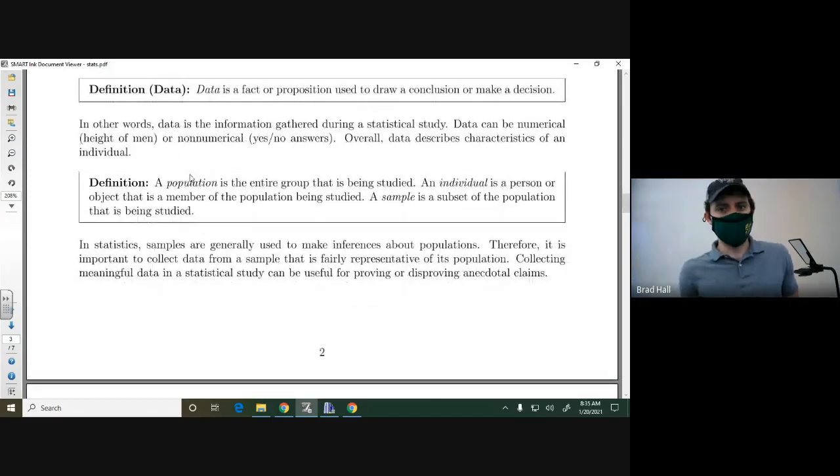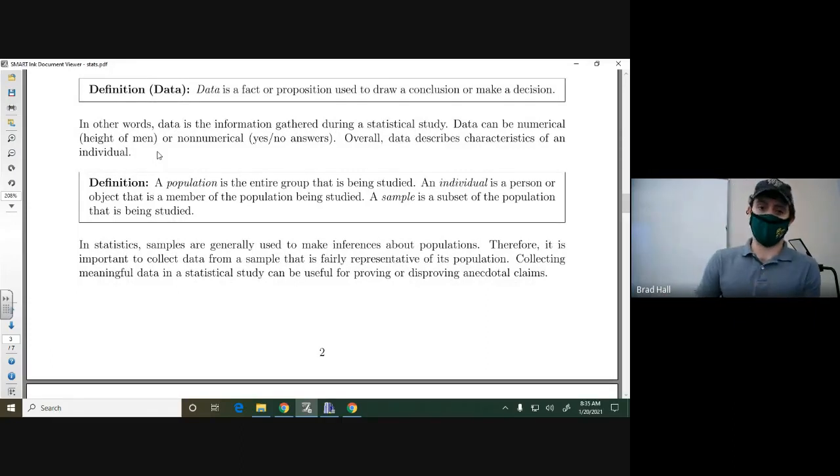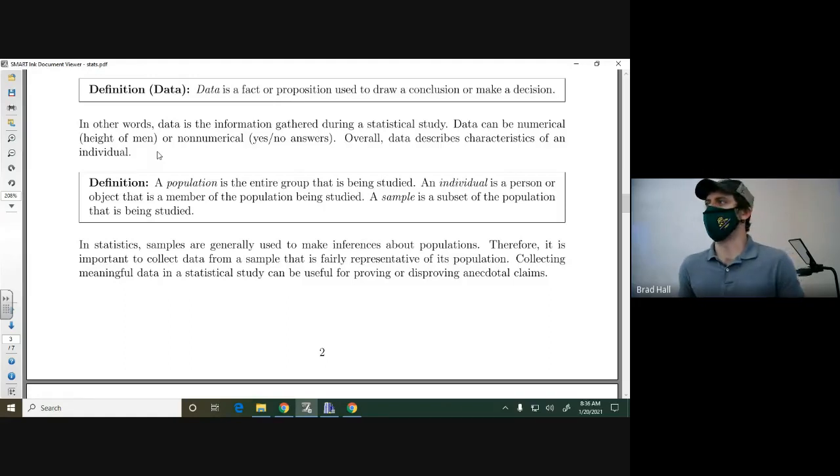So that's data. And just to add on some really important terminology. A population is the entire group that's being studied. So a population could be the student body at Southeastern. The population could be the citizens of the United States.